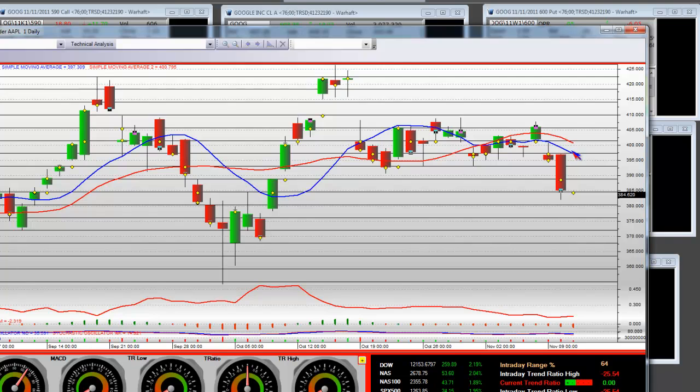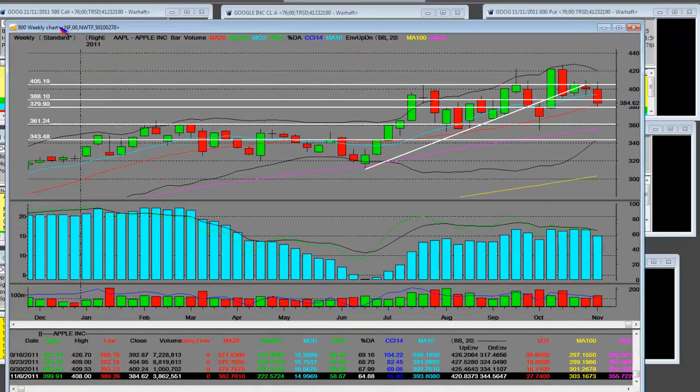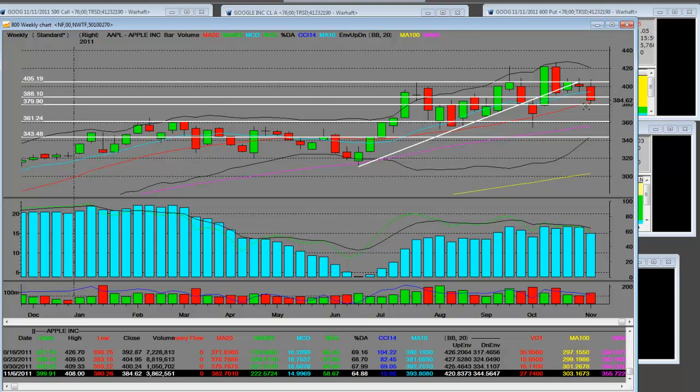The thing about it is the 10-week moving average in our system is pointing downwards, in the very same weekly chart where, on a standard chart, as you can clearly see the differences, the rising 20-week just so happens to be at 382.70. If we sell through it, we're going to go lower. And this is the bottom ultimate support line where Apple has always found support, right around that 360 area, to make 52-week highs, bouncing strong off of those levels.